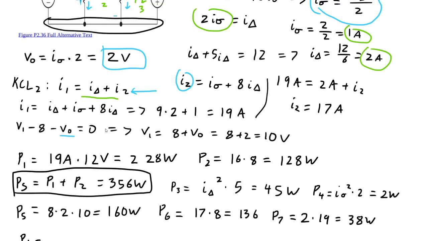So 45 plus 2 plus 160 plus 136 plus 38, 381. Let me double check my math, because that doesn't make sense.